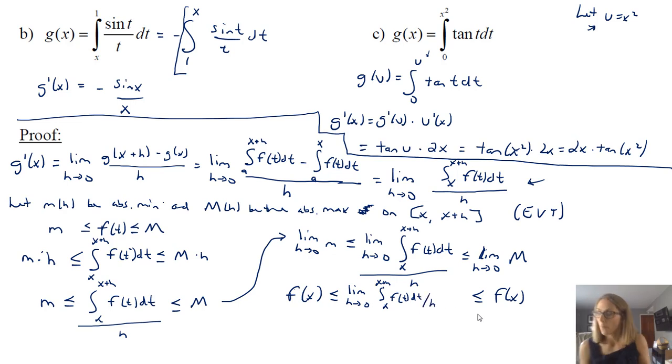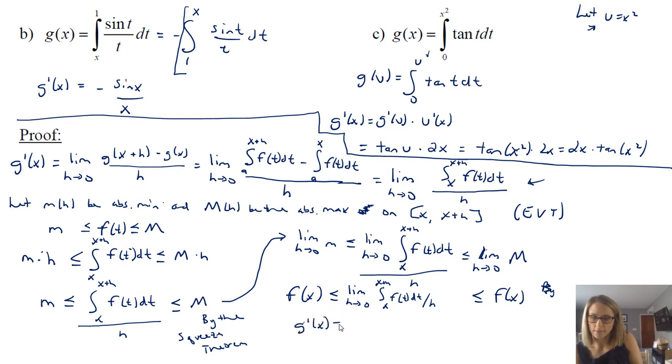So by the squeeze theorem, and coming back to the original, g prime of x, because that's what we were showing, equals f of x. So it exists and is equal to f of x.